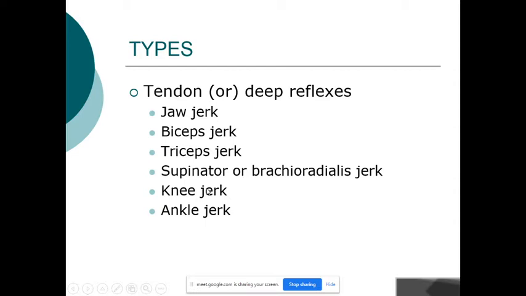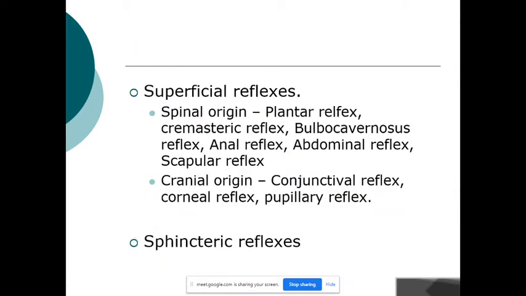Among the superficial reflexes, you have the plantar reflex, cremasteric reflex and bulbocavernous reflex, but we are not doing everything. Mainly you'll be doing the plantar reflex, and you will also be doing the conjunctival reflex and corneal reflex. The pupillary reflex is also a part of this, but it will be taught in your next practicals, which are on cranial nerves. In that you will learn how to do the pupillary reflexes.